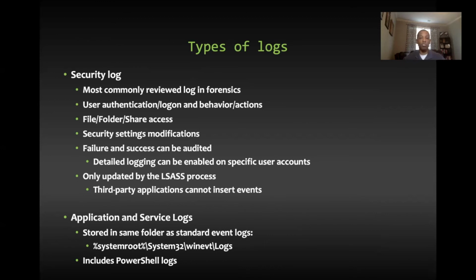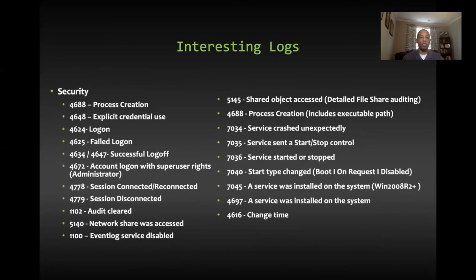We have application and services, and these things are going to largely deal with services on the machines and programs and other applications that we may utilize. Now, there's a good long list of event logs. I implore you, encourage you to go look at them and really understand which ones are most relevant for you. If I were to only be able to pick one, 4688 process creation is going to be my go-to.